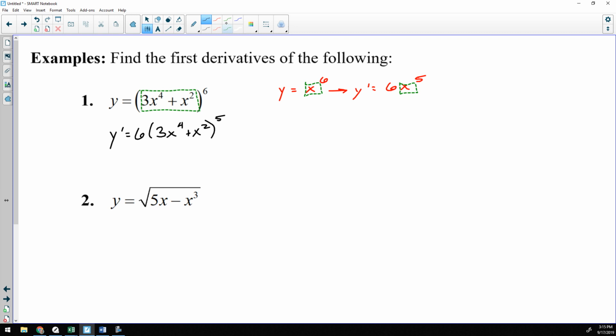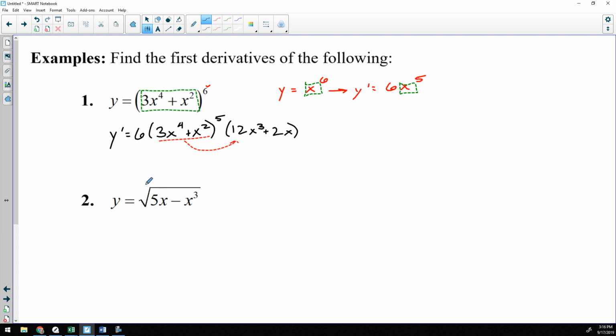Now that I've completely finished the fifth power, that's done. Now I look on the inside and we will multiply by the derivative of whatever is inside. So now I'm going to multiply by 12x cubed plus 2x. And do watch your parentheses. You have to get all of that in parentheses. So there is your chain rule for number one.